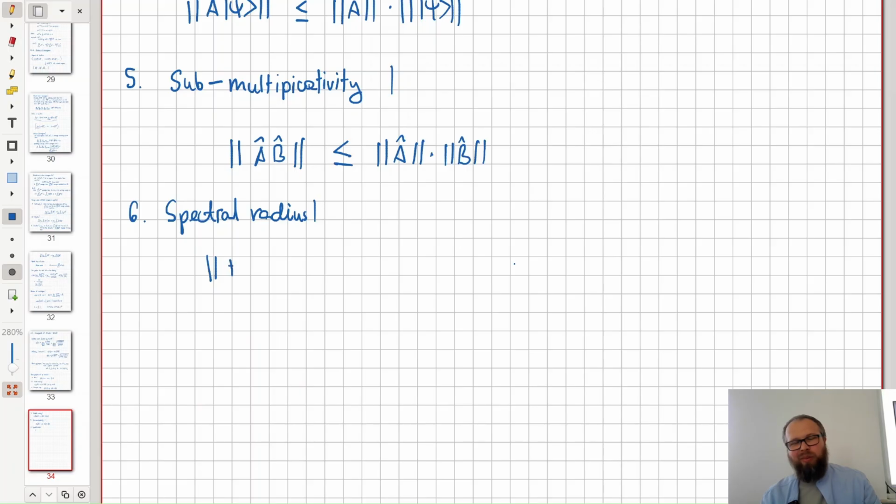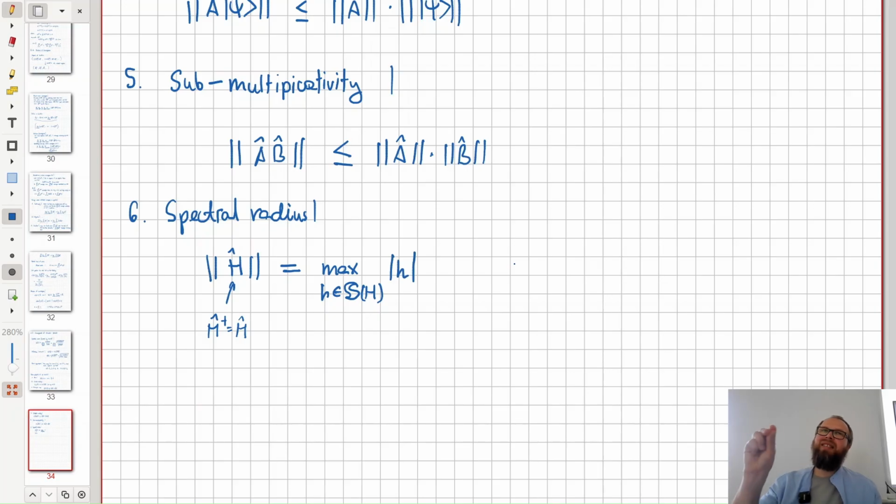So if you take the norm of any Hermitian operator H, it actually turns out to be equal to the max over the spectrum of this operator. So the norm equals the largest absolute value of the eigenvalues. The largest eigenvalue is the norm.